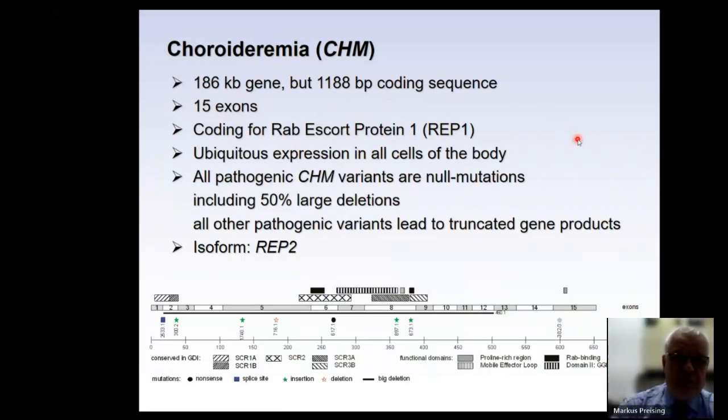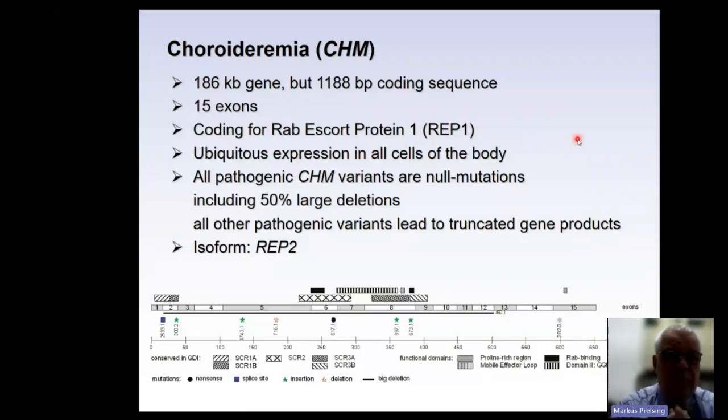This means that there is a lot of space that can be altered by mutations, by sequence changes, and also with very large introns, you are liable to easily lose large areas of this gene.